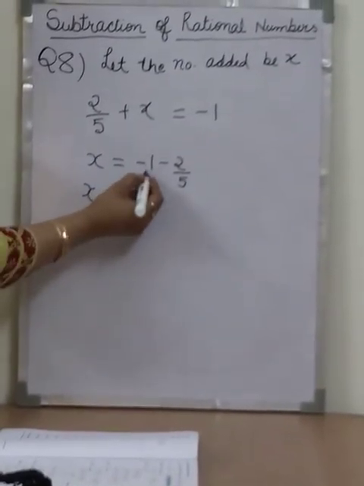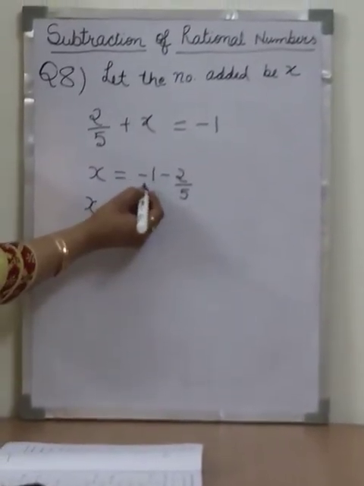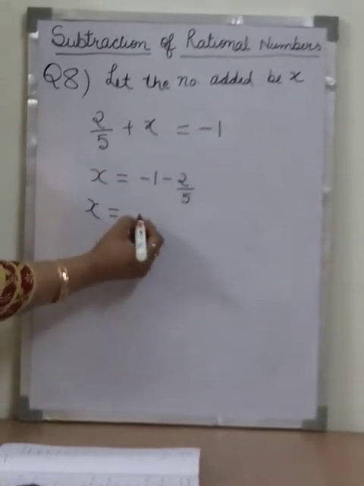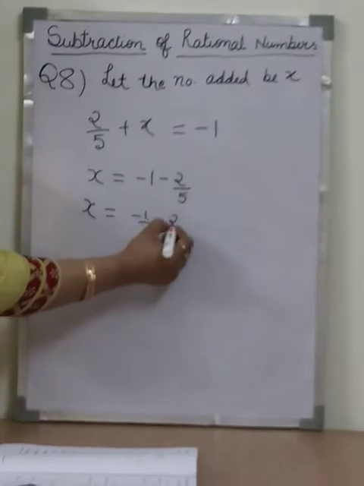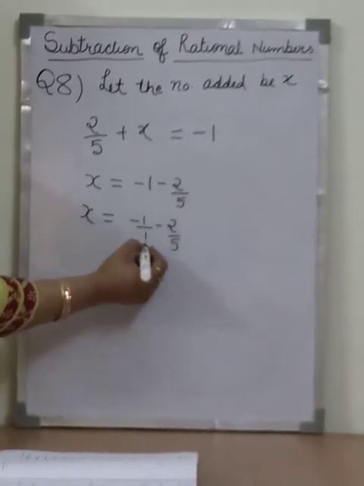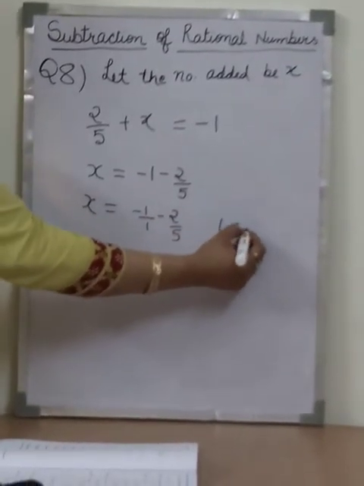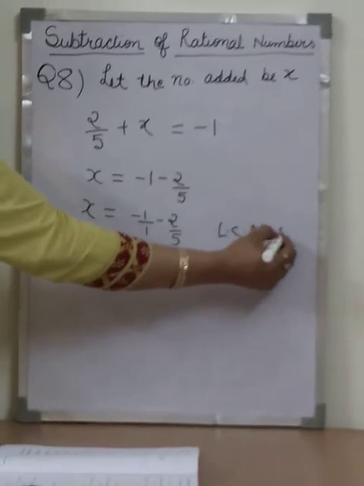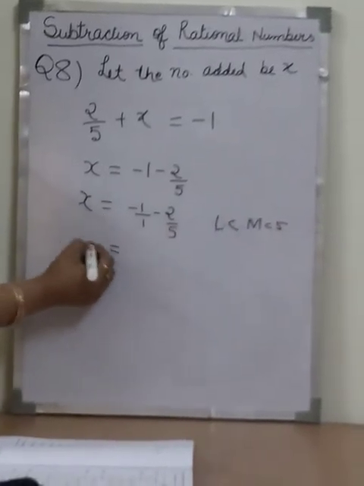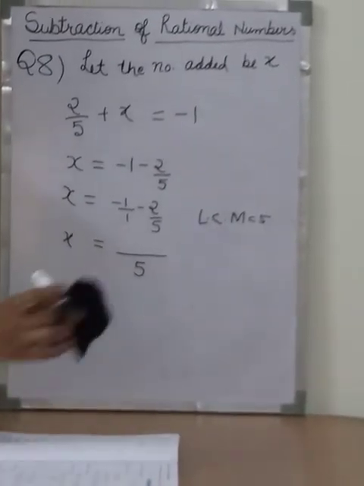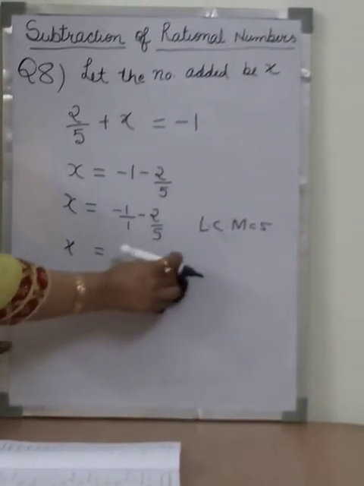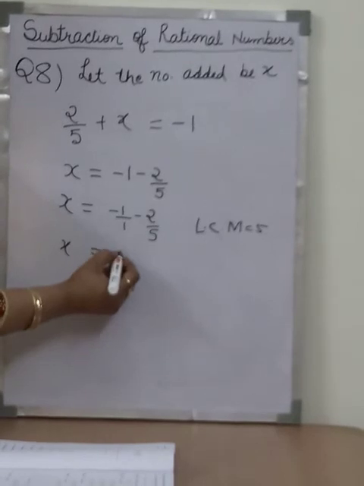Now LCM. Minus 1 has no number in the denominator, so it is 1. 1 and 5, LCM is 5. Now what should be multiplied to 1 to make it 5? It is 5.